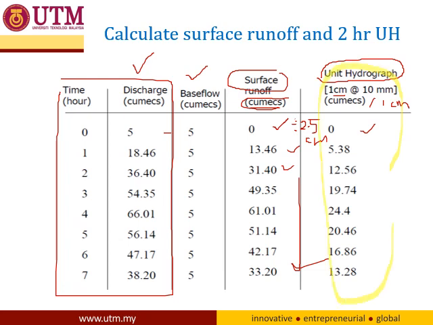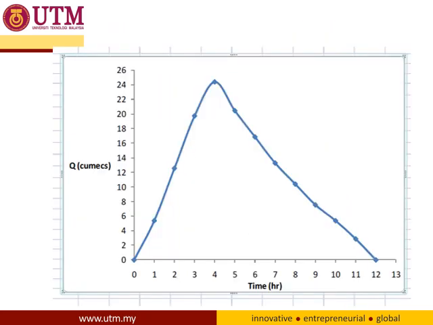Okay, so let's see how we can plot this. Just as with the hydrograph or discharge, we can plot this unit hydrograph. If you look at this, it's actually the same as the hydrograph, the difference is here: the ordinate changes, because this is in the unit of Qmax over 1 centimeter.